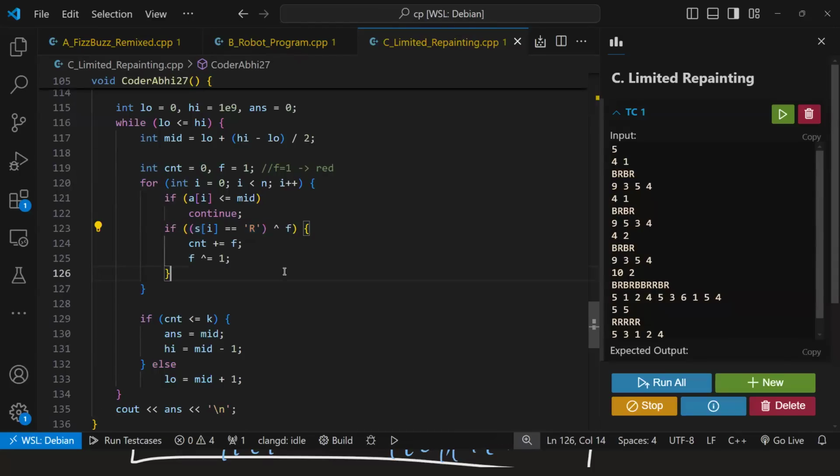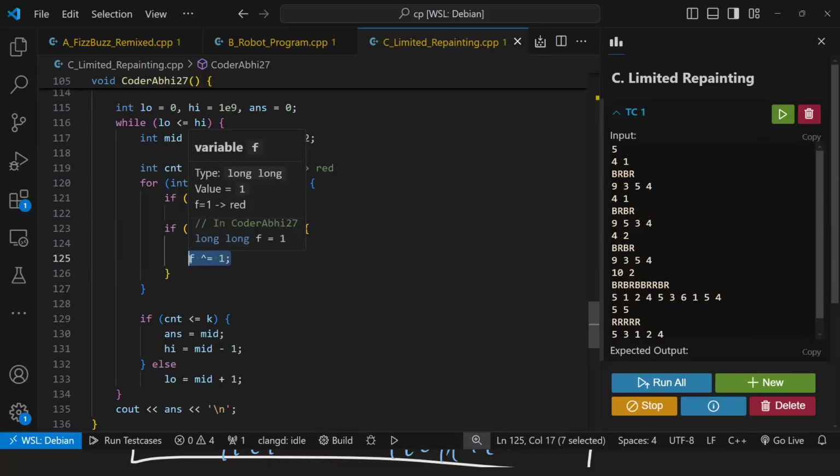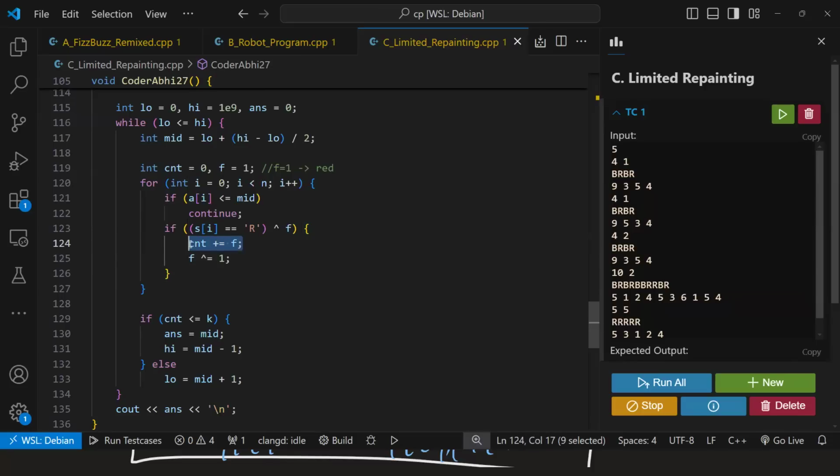Whenever I get a color change, I flip my F. If F was 1, it changes to 0. If it was 0, it changes to 1. And in my count, I add F. So if my previous color was red and I'm changing to blue, I add +1. If my previous color was blue and I'm changing from blue to red, I don't add +1.